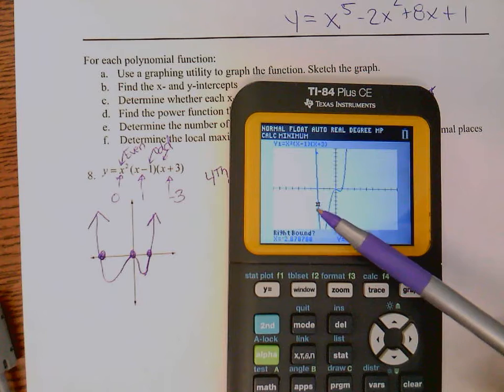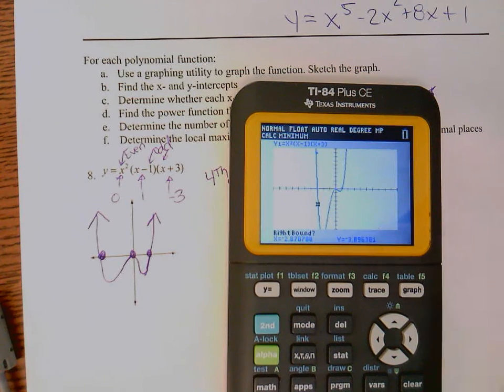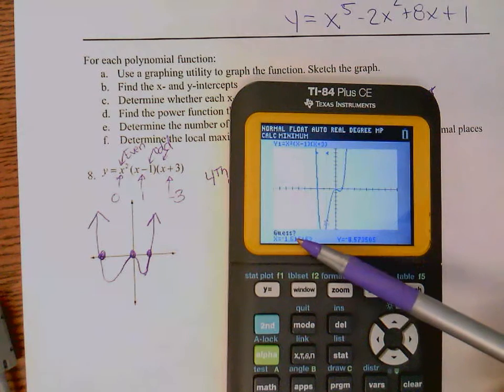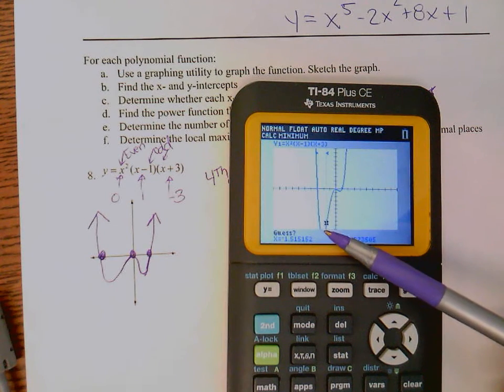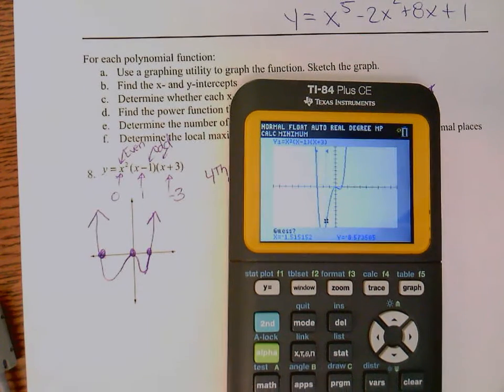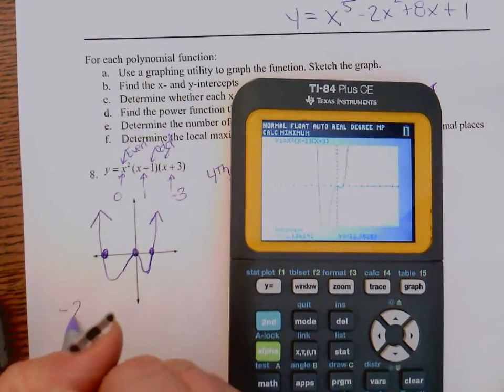So now you're going to move your cursor around to this side of that minimum. See my cursor is now over here. I'm going to hit enter. It wants you to take a guess. It really wants you to put the cursor down here by the minimum, but if you just hit it a third time, it'll do it anyway. So my minimum is at the coordinate -2, what?